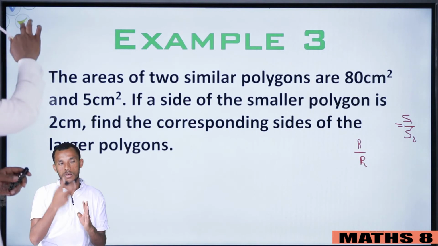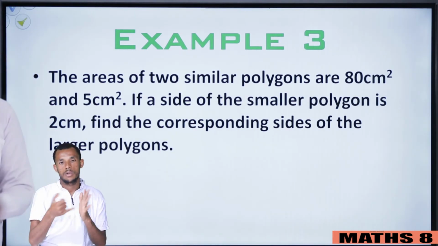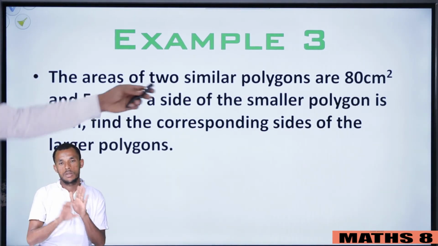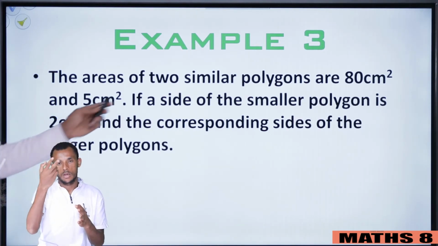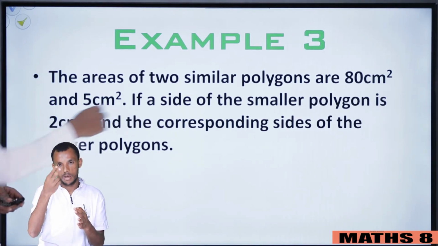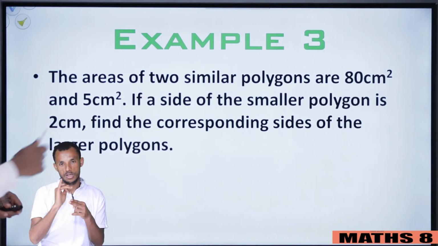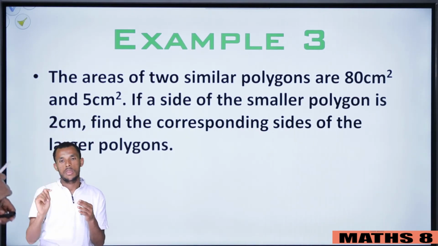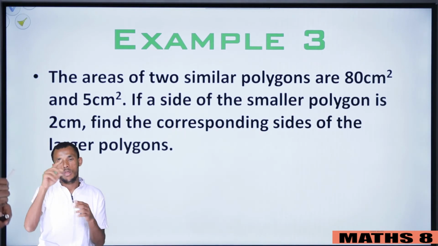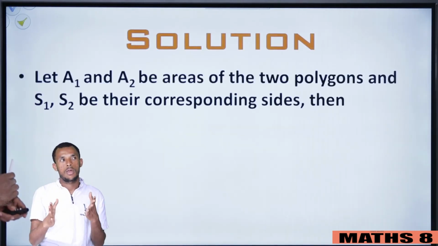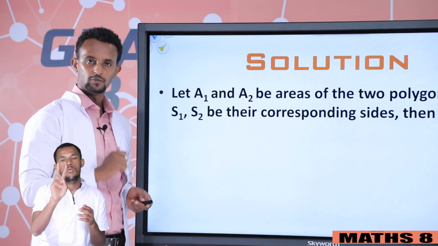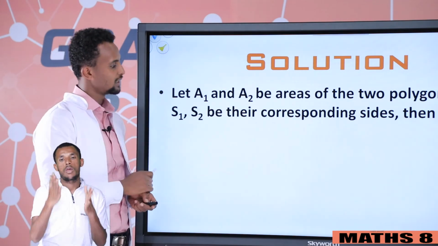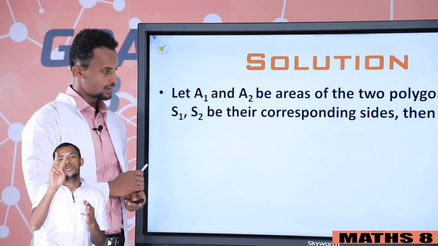Let's see the last example and let's conclude the chapter. The areas of two similar polygons are 80 cm squared and 5 cm squared. If the side of the smaller polygon is 2 cm, find the corresponding side of the larger polygon. Let's say A1 and A2 are the areas of the polygons and S1 and S2 are their corresponding sides.